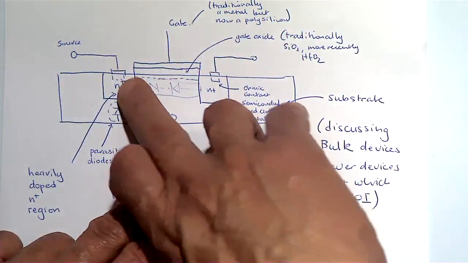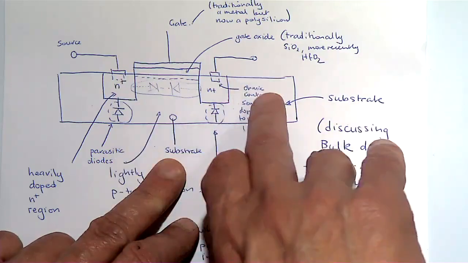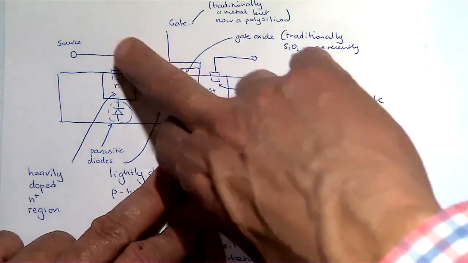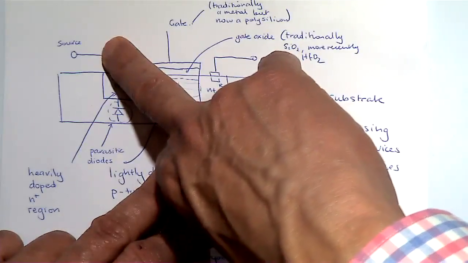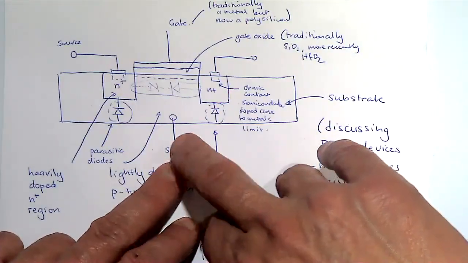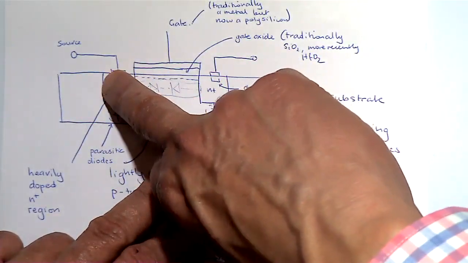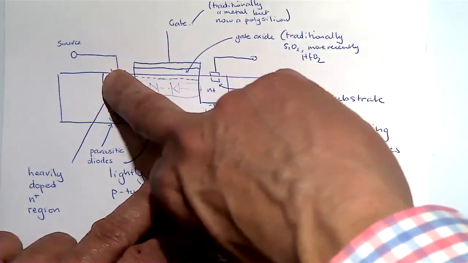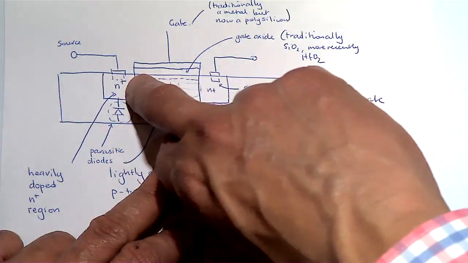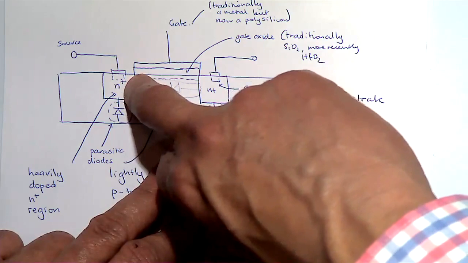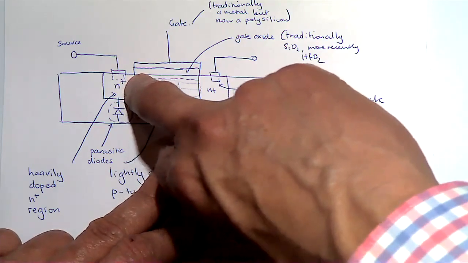And essentially it will wreck your device. So this is what is known as latch-up. When the substrate is forward biased relative to the source, large currents flow from the substrate into the source through this little tub of material, and as a consequence, that damages that material, right? And that's one of the things that happens during latch-up, right?